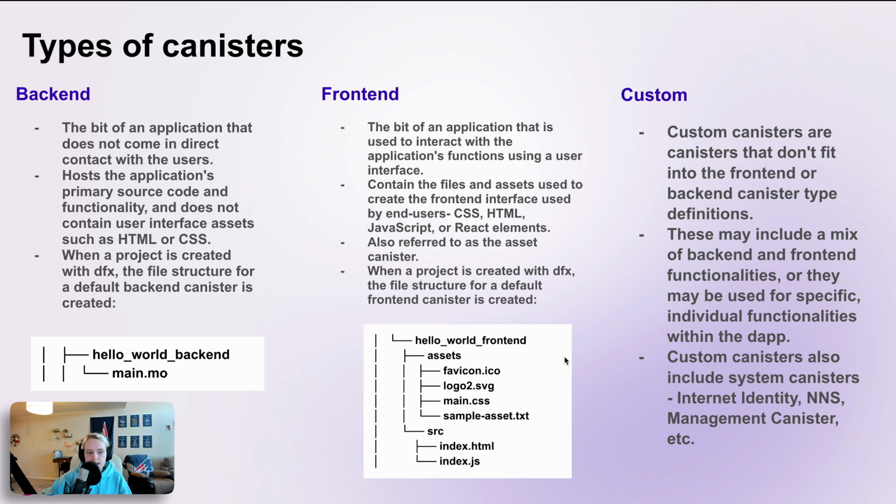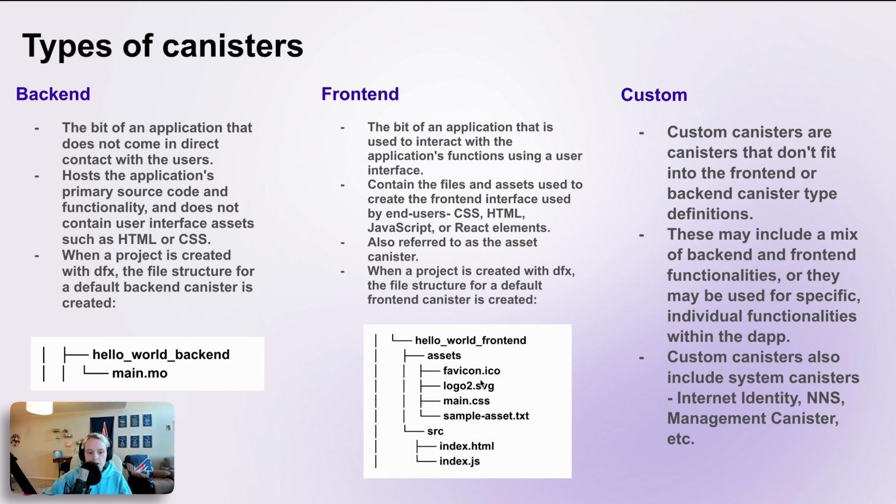So in this you can see that it looks similar to the back-end canister where it has a top-level directory that has the name of the project pre-appended to the word front-end with that underscore as the separating character. But the difference here is instead of just containing one file like the back-end canister, the front-end canister by default has two subdirectories, one called assets and one called source.